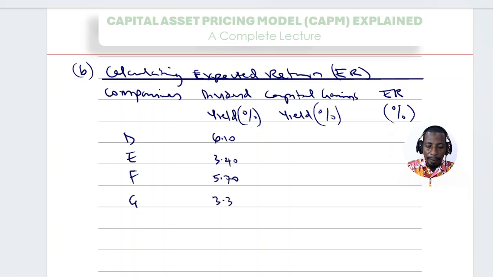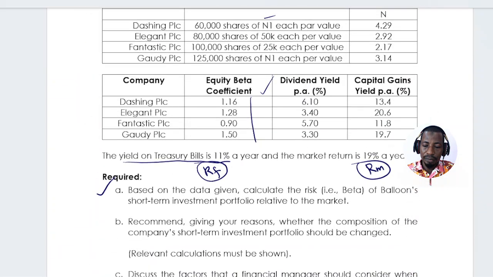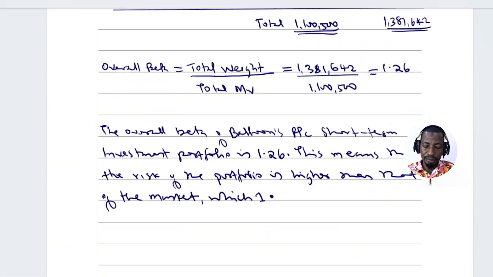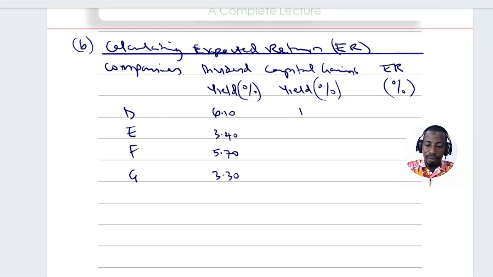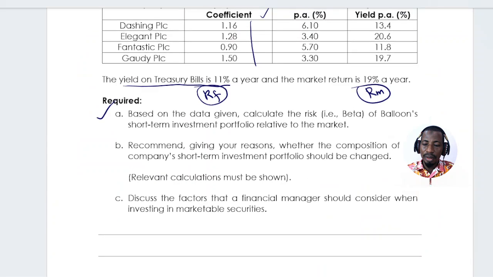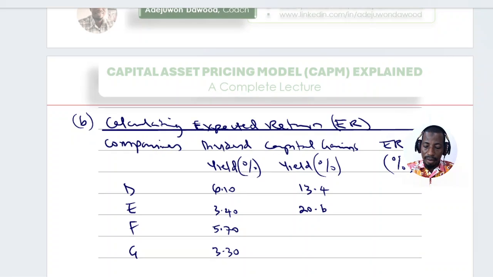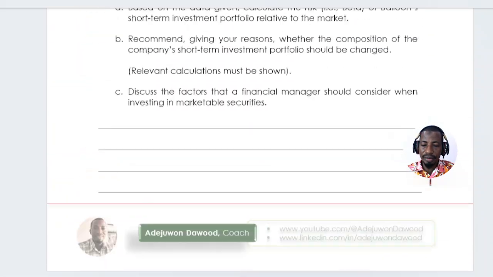Capital gains, 13.4, 20.6. Next one, 11.8, 19.7. Okay, let me confirm. 19.7.